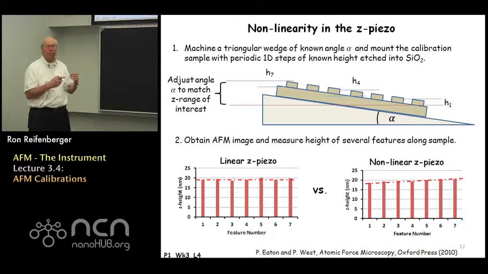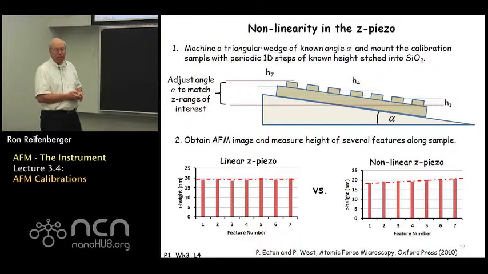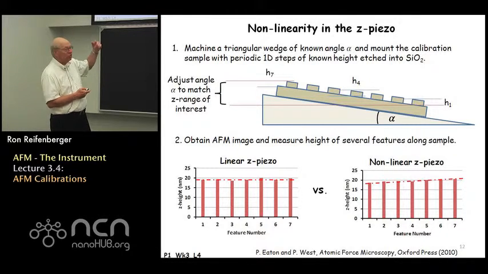It's not just one number that you would need to take into account. So this is a useful technique that allows you to check things in some detail, if accurate Z height measurements are an issue for you.